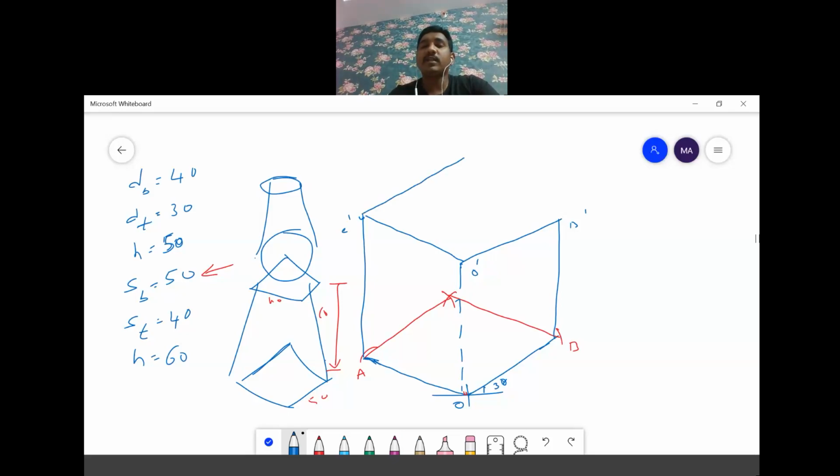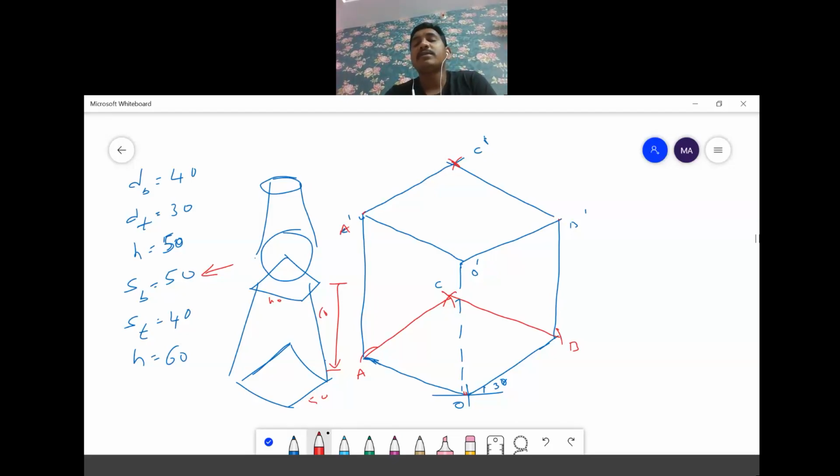Or you can fix OE on a drafter and draw a parallel line. It will join at one point, that is C dash. Or else you can follow the previous procedure: take that 50 mm as a radius, B as a center, cut an arc here, C dash as a center, cut this arc, and you will get this one, sorry, this is A dash.